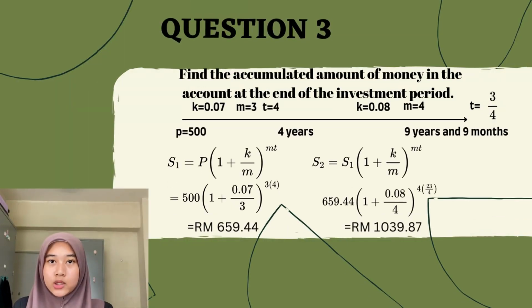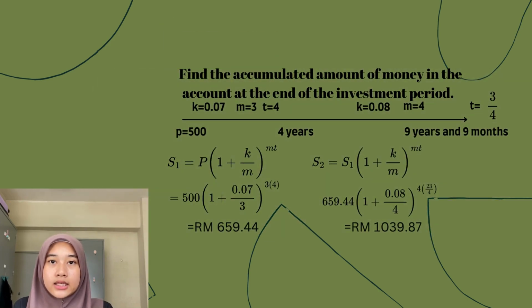To solve this question, we need to draw all the information given. Based on the statement, they give us the value of P is 500, K is 0.07, M is 3 for the first 4 years, and K is 0.08, M is 4 for the rest of the period.